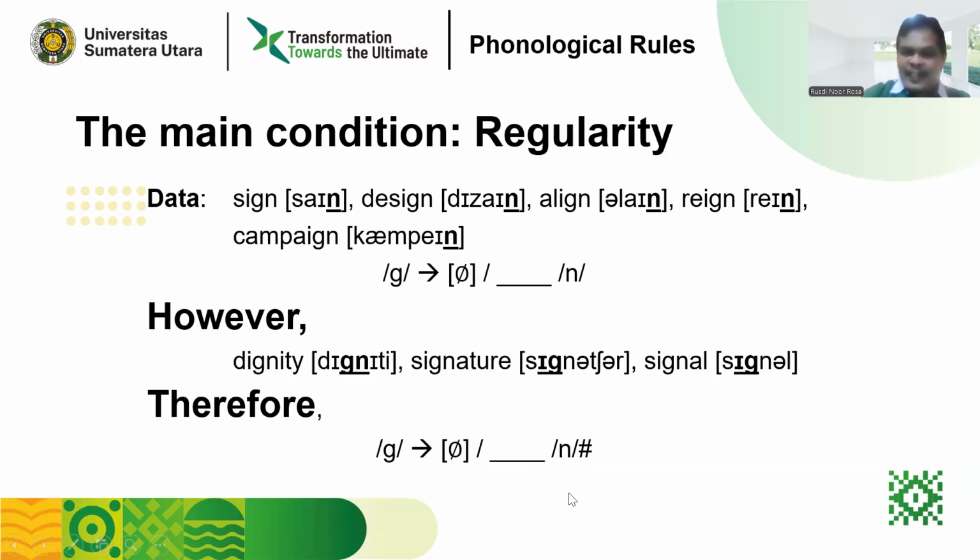So this is actually how we formulate a phonological rule. The phonological rule must be applicable to any similar phonological environment. If it is not, it is not a case of regularity. So G becomes nothing, or G is deleted, only whenever G is placed before N and it is the final sound of a word.